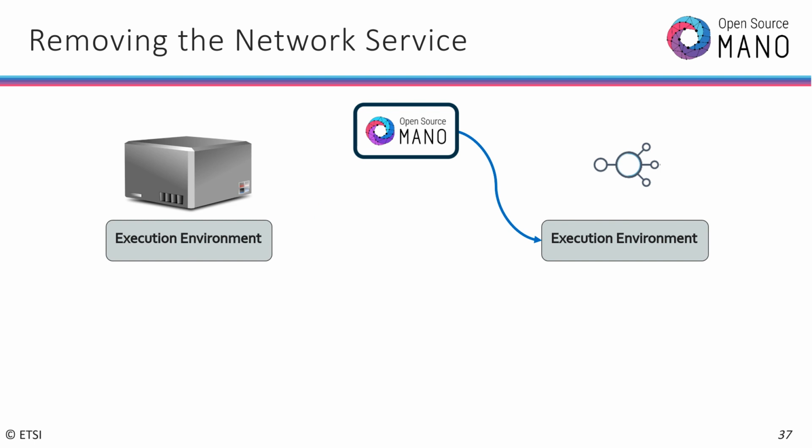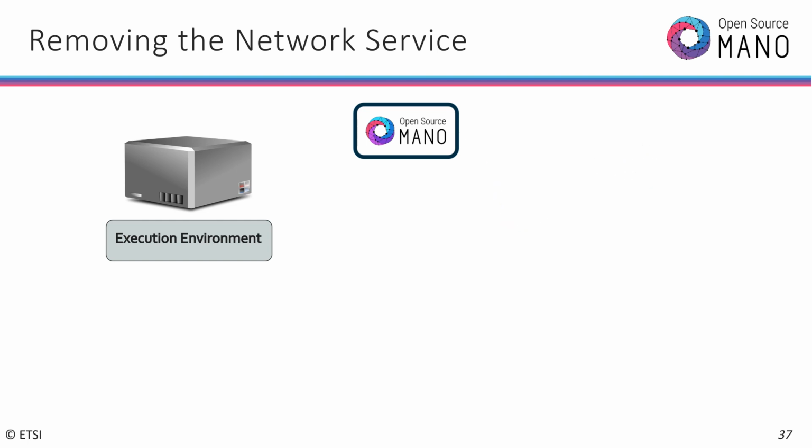The last thing that happens on removing the network service is OSM will go ahead and tear down the execution environment and the VNF, and the PNF will remain untouched because we do not manage life cycles of PNFs. That is by definition what they are, something that is to be managed with OSM, but its life cycle will not be controlled by OSM.